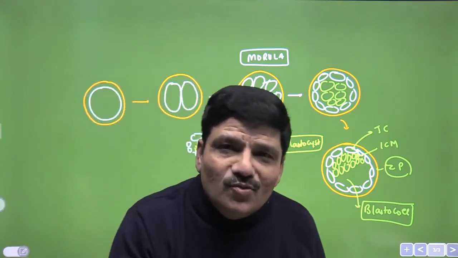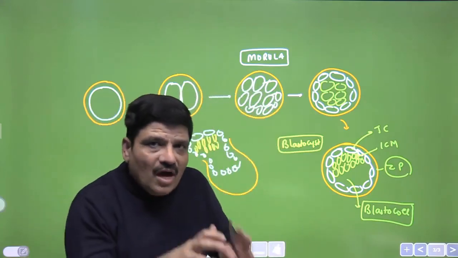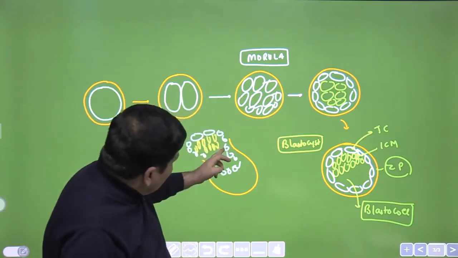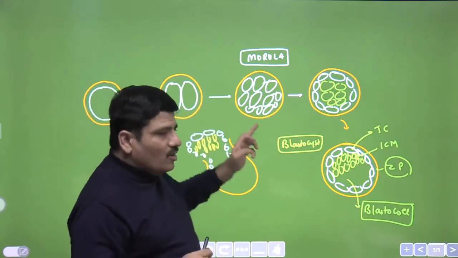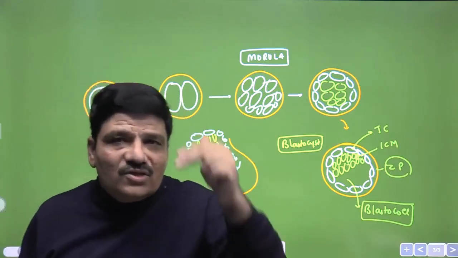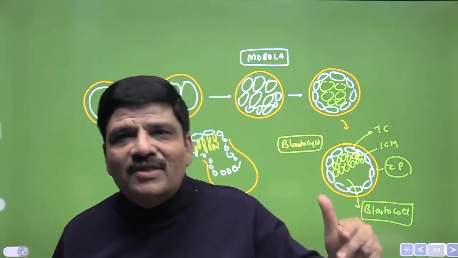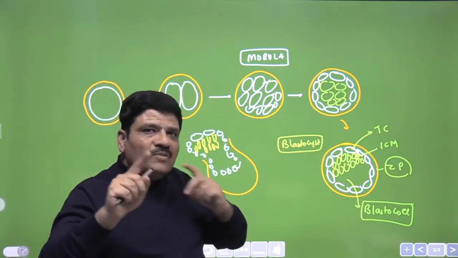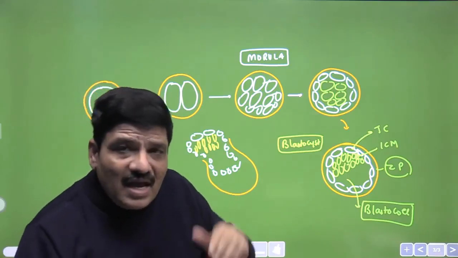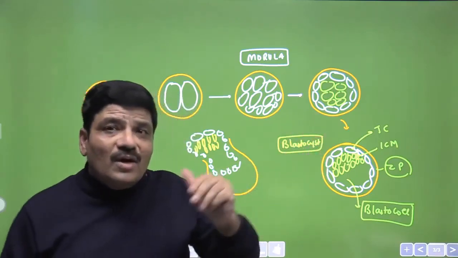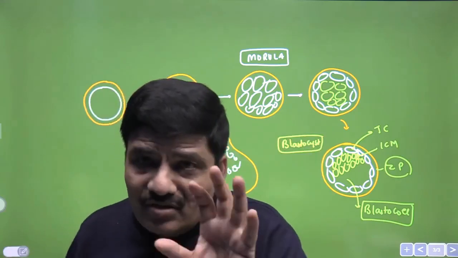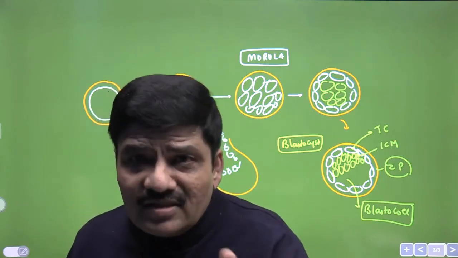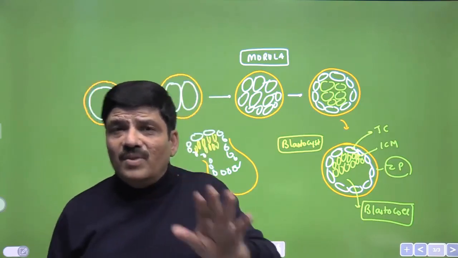Now because the zona pellucida is gone, these trophoblast cells will come in contact with the uterine endometrium. This contact was prevented by the presence of the zona pellucida. Now this is very important. Throughout the fallopian tube, the zona pellucida persists, and the cells are not able to come in contact with the maternal tissue, and therefore no implantation occurs, and the pregnancy does not establish anywhere else but in the uterus under normal circumstances.